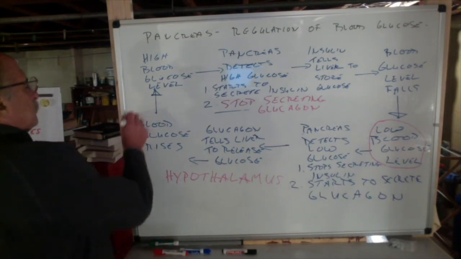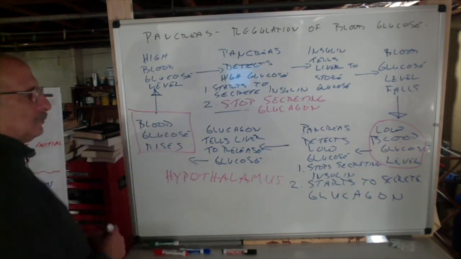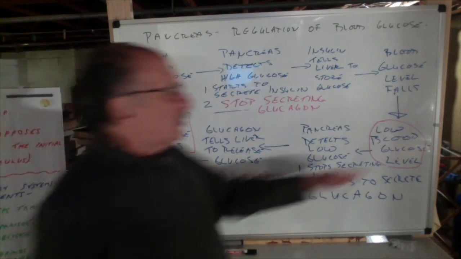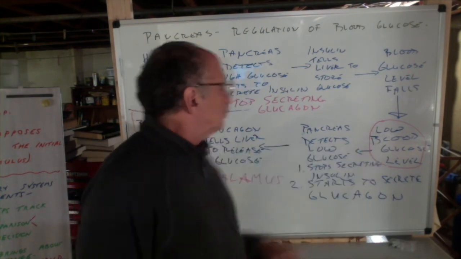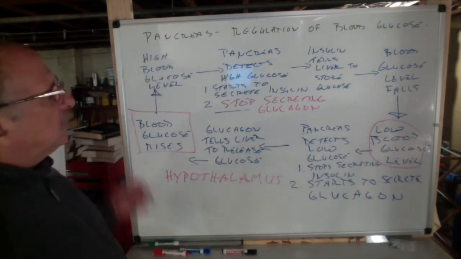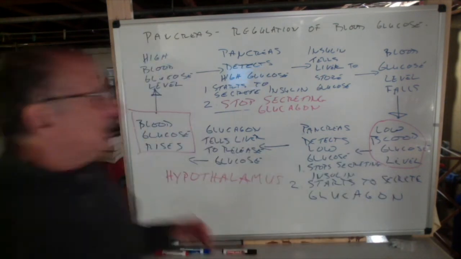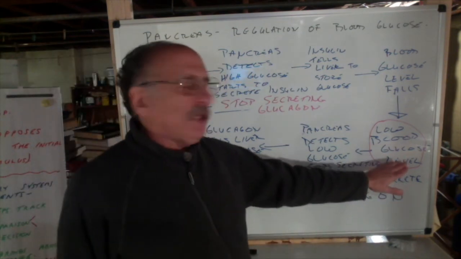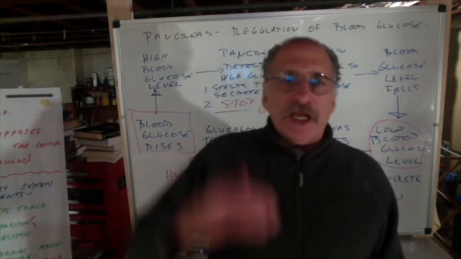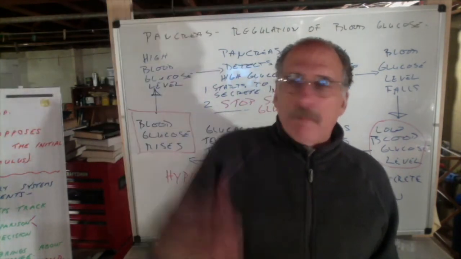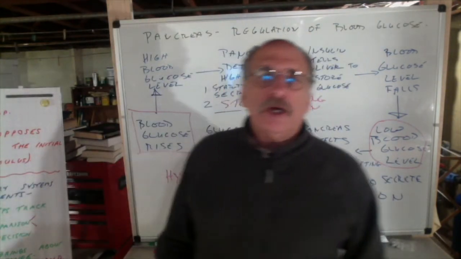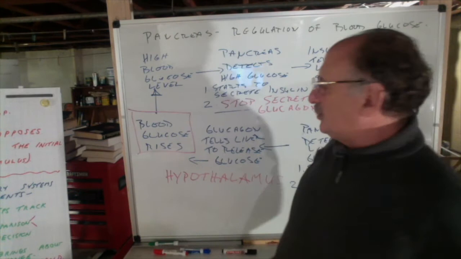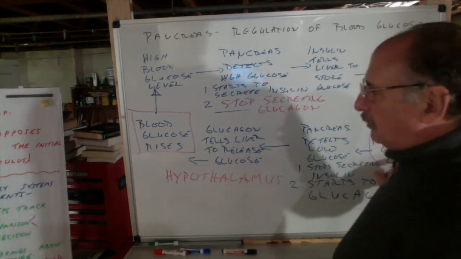But here it says blood glucose rises. Because this is about the blood glucose, it is the same terms. Blood glucose, blood glucose. Here it was low, here it rises, it goes up. If you start with something being low, and the response is that it goes up, going up opposes what I wrote over there. It opposes or works against, going up works against the initial condition of being low.